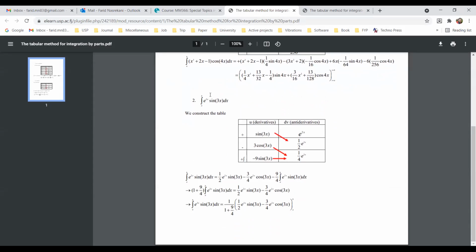Or here we have the integral of an exponential term and a sine function, and again we are using integration by parts and find the response. Of course, definitely you had these formulas and these methods in your previous courses, and here I just want to remind you how to use this method.